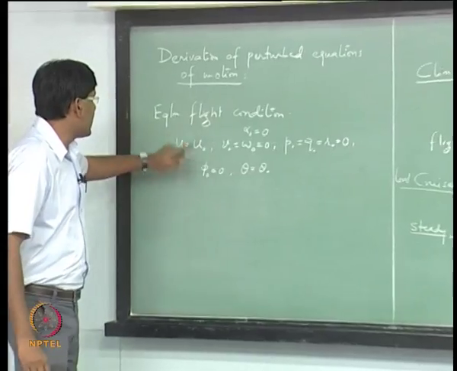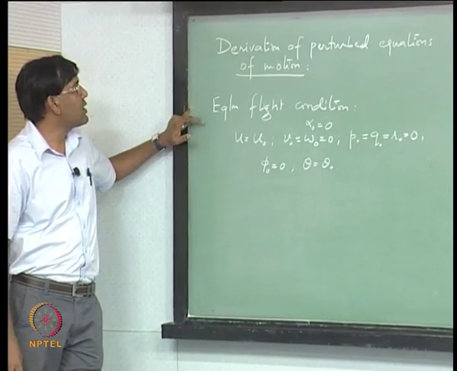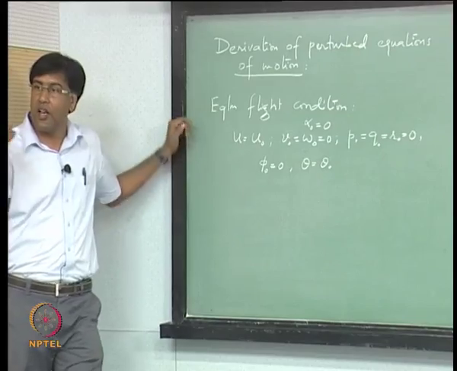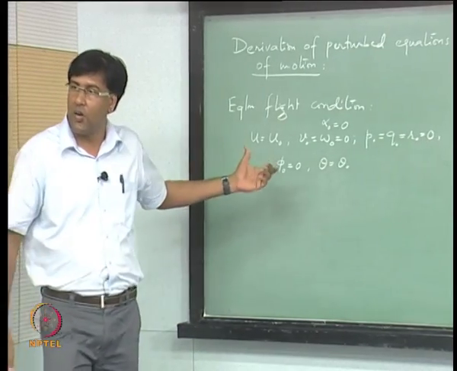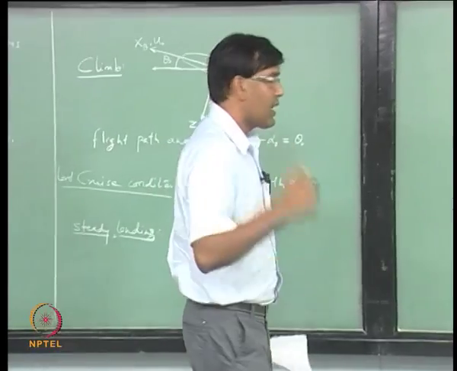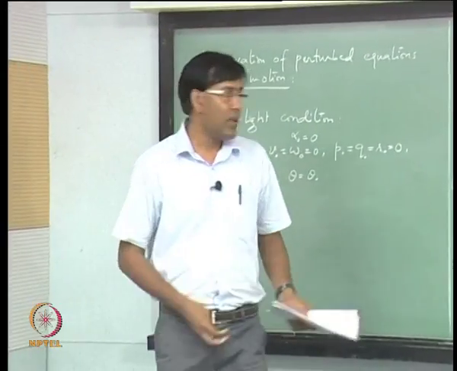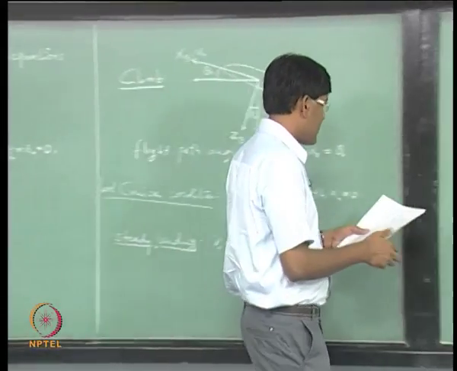So, let us look at this flight condition and try to linearize our non-linear aircraft equations of motion around this equilibrium flight condition. So, I will go one by one. Okay. So, we will start linearizing the force equations first.